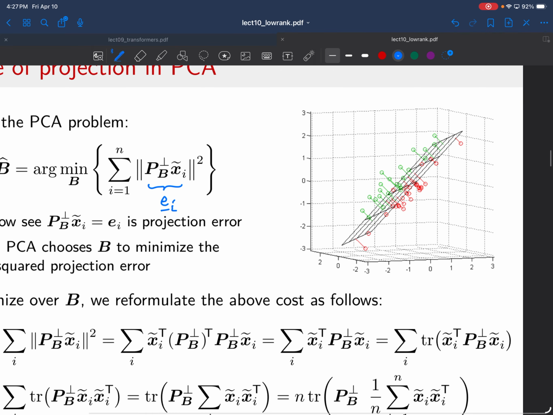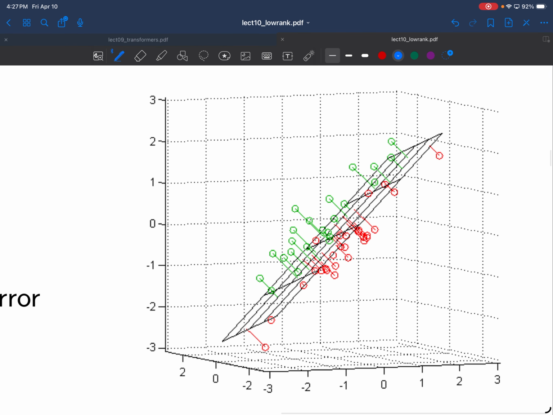And so now when we look at a picture like this, all of these are basically the projection errors for different i's.